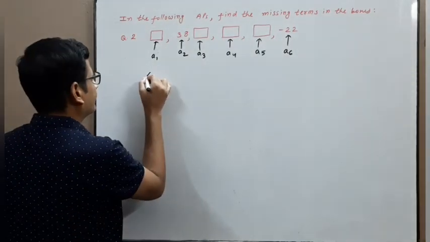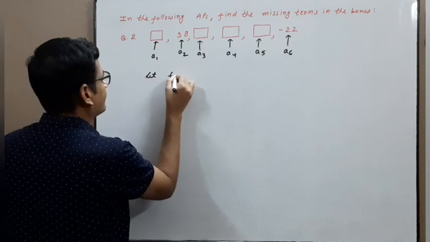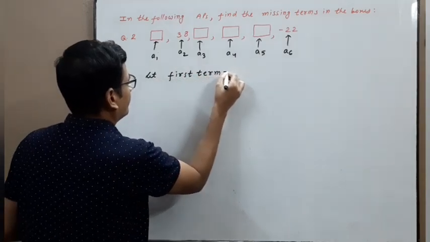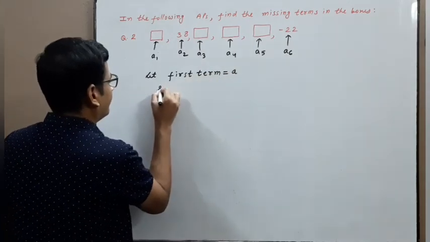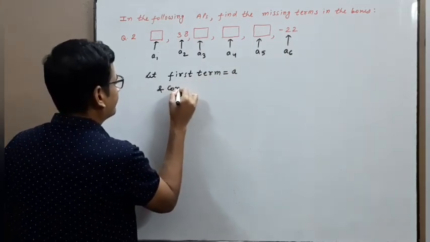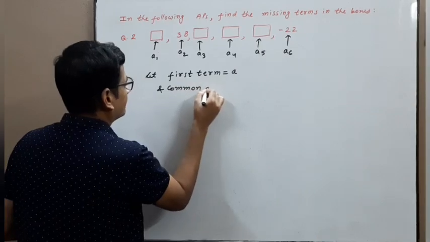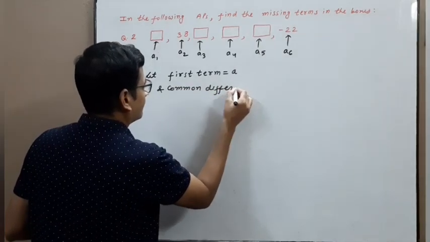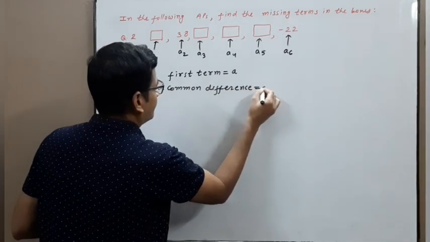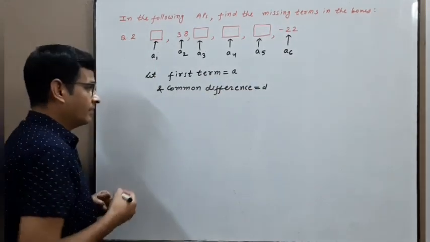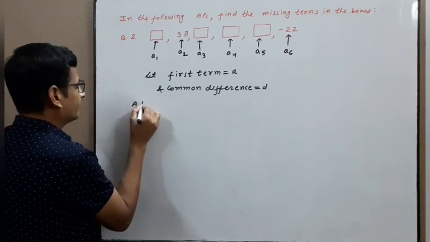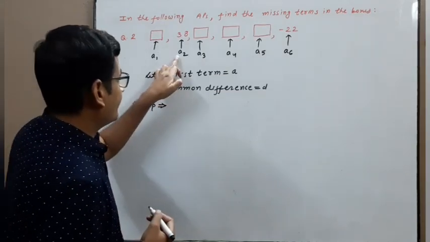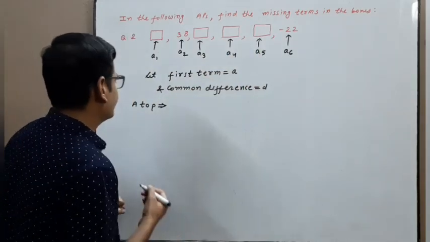So let the first term be equal to A and the common difference be equal to D. Now according to the problem, the second term and sixth term are given.